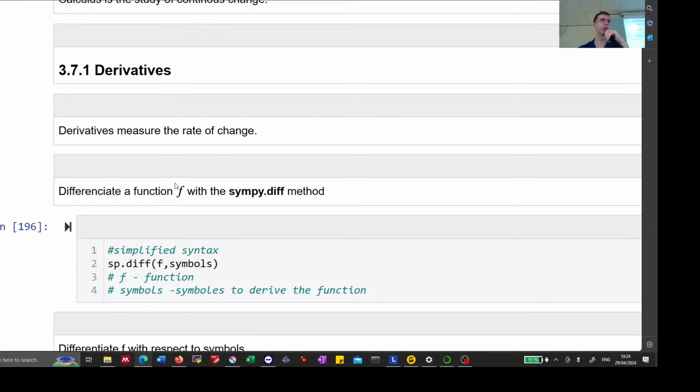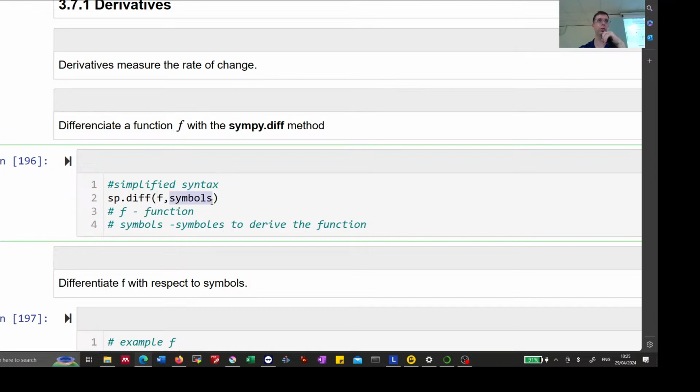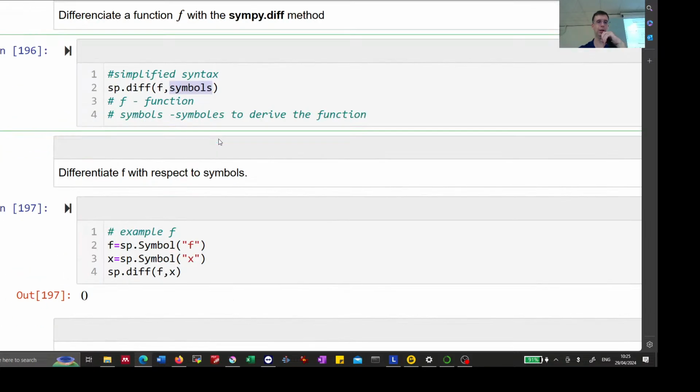SymPy can help us to get derivatives. Okay, how do we do this? There's a function called SymPy diff, which takes a function f and a symbol to which respect the derivative should be taken. Let's look into next up.